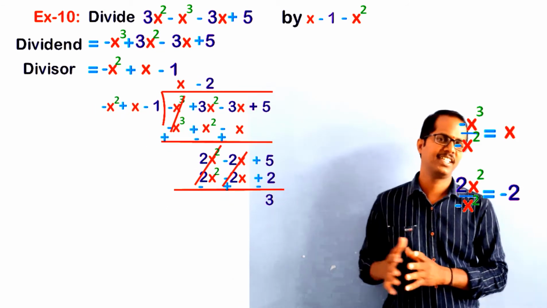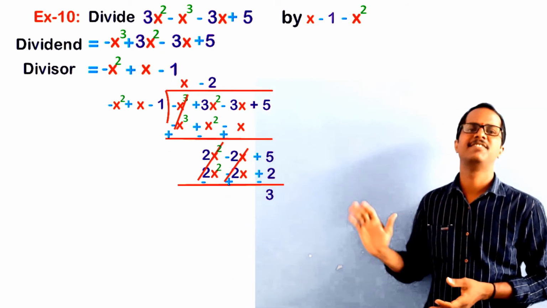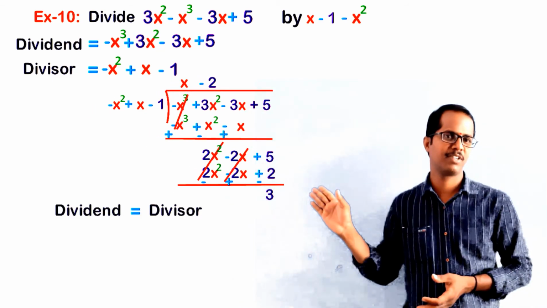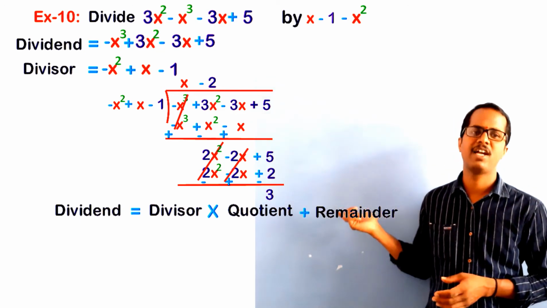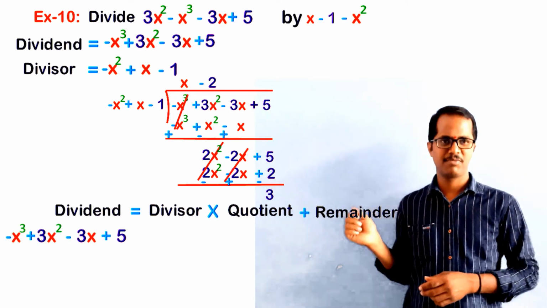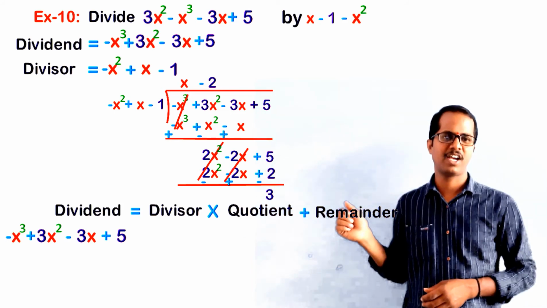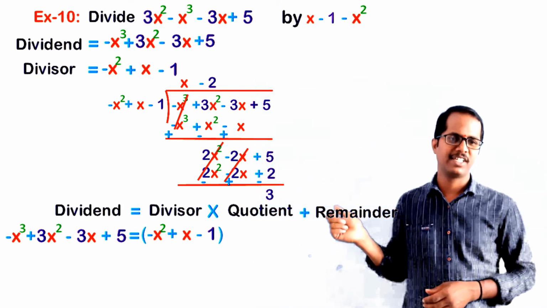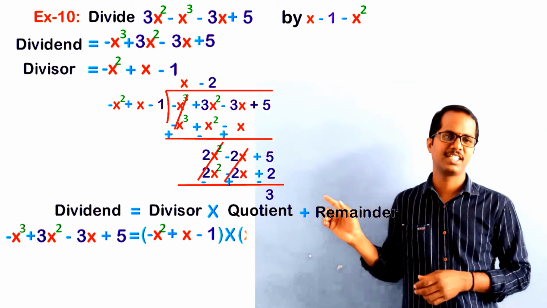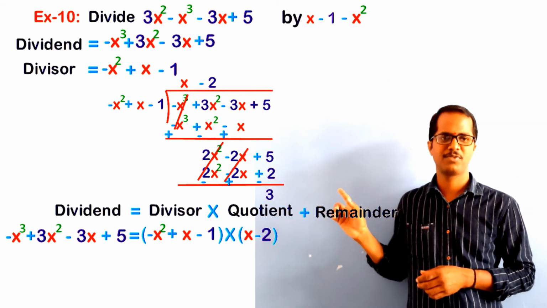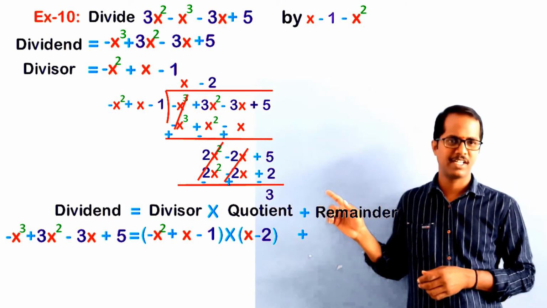Now let us verify the division algorithm, that is dividend equals divisor into quotient plus remainder. So by writing the corresponding values we get minus x cube plus 3x square minus 3x plus 5 equals the divisor, minus x square plus x minus 1, into the quotient x minus 2, plus the remainder 3.